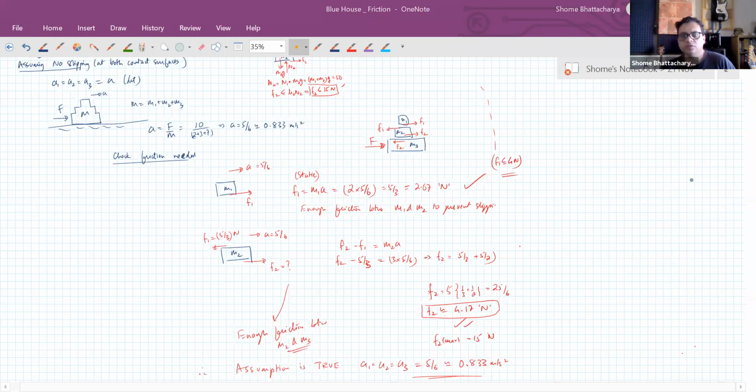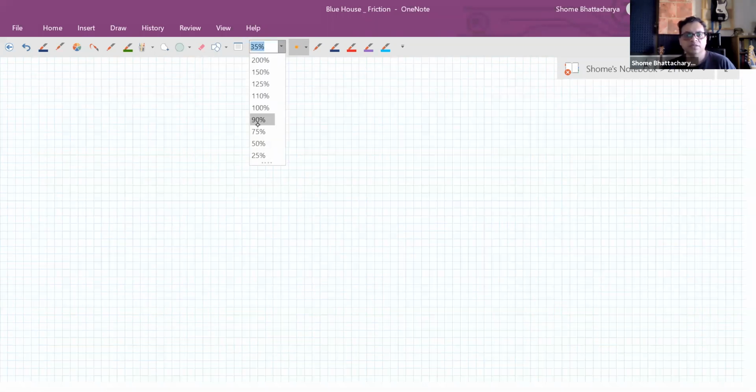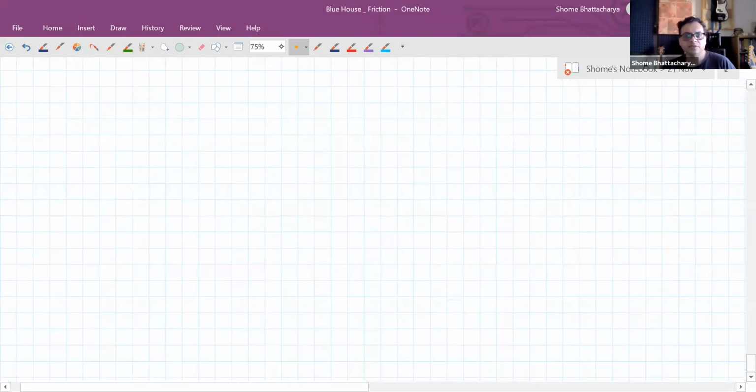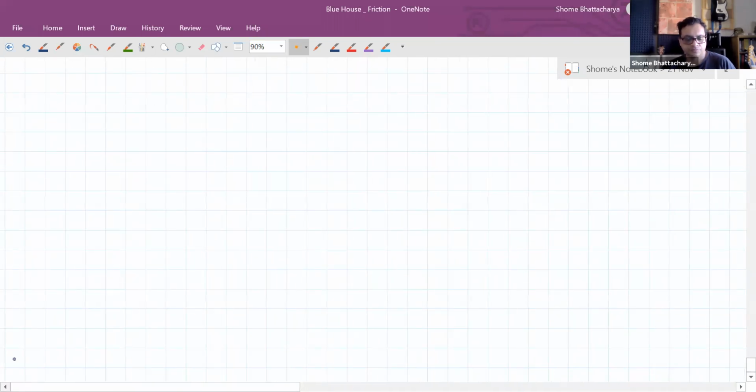Both 2 and 3 block problems, same method. You always start with the assumption of common acceleration, find out that common acceleration, then substitute that in the individual free body diagrams and check for the friction required.